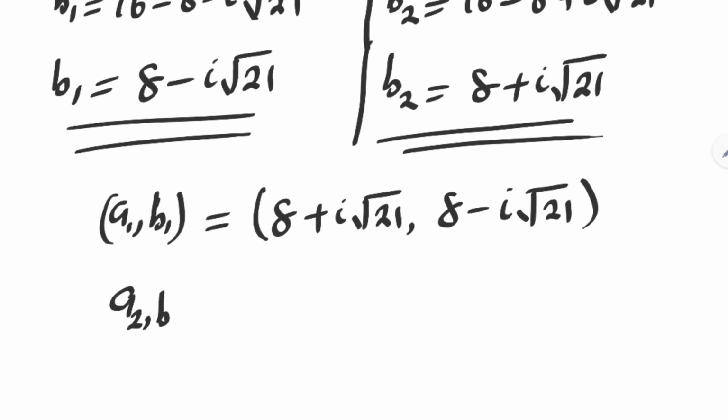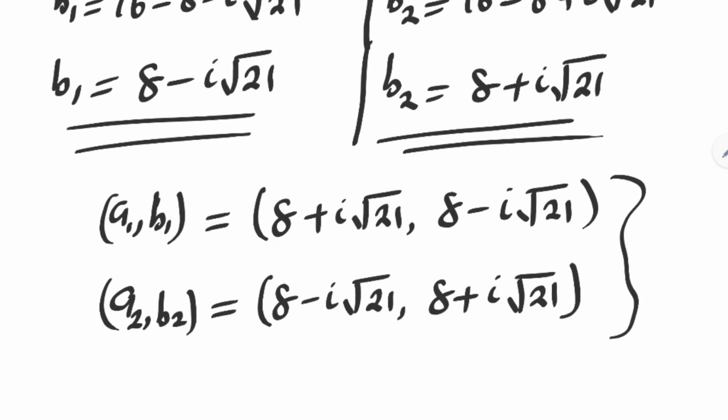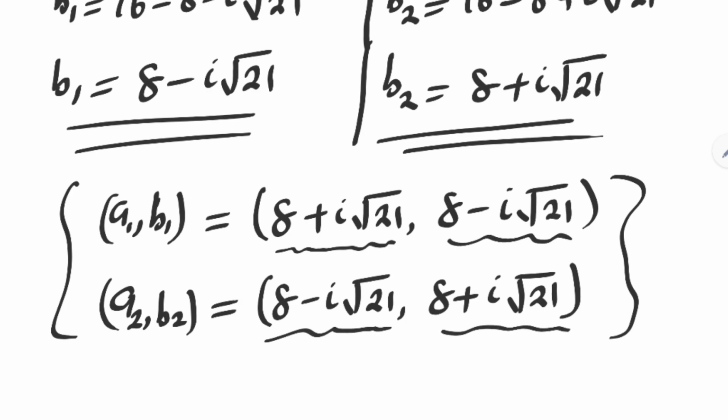A2, B2 is equal to 8 minus I root 21, 8 plus I root 21. These are the values of A and B. You can see that the value of A1 here is equal to the value of B2 here, and the value of B1 here is equal to the value of A2 here.